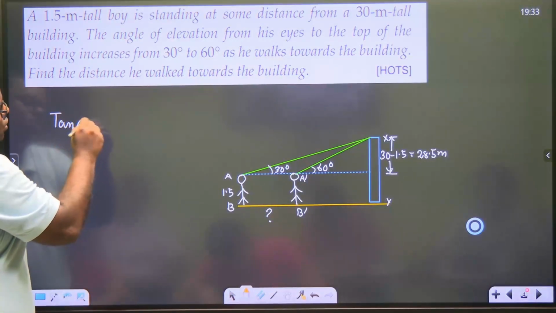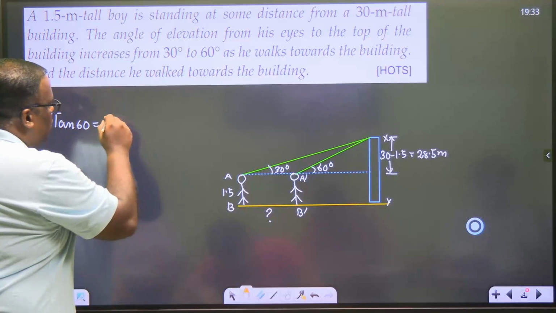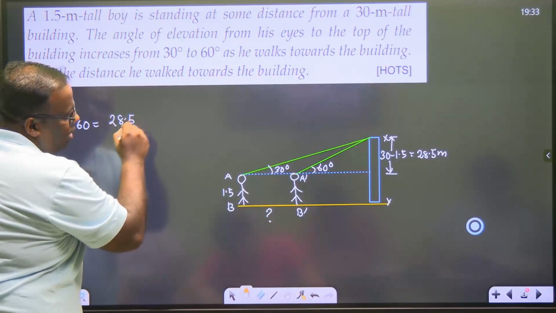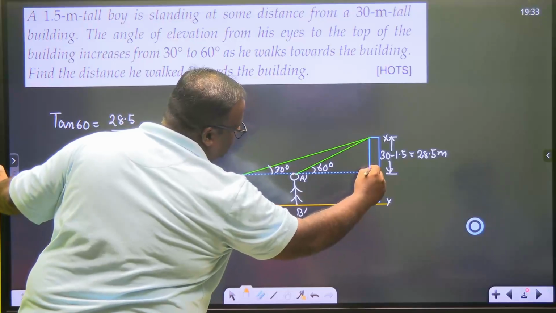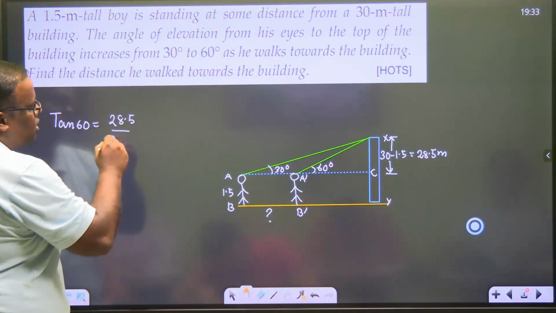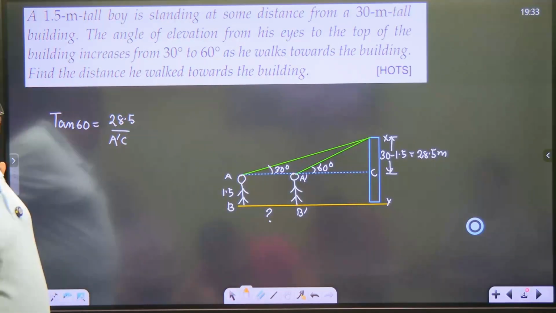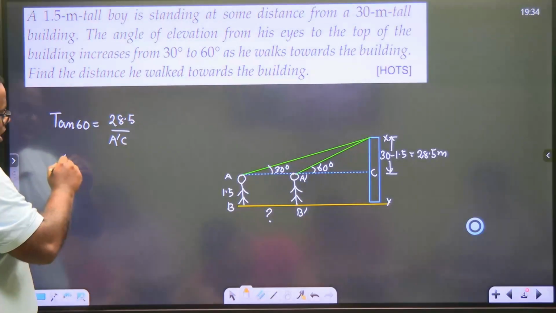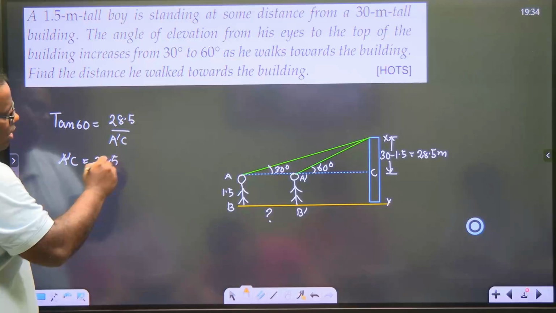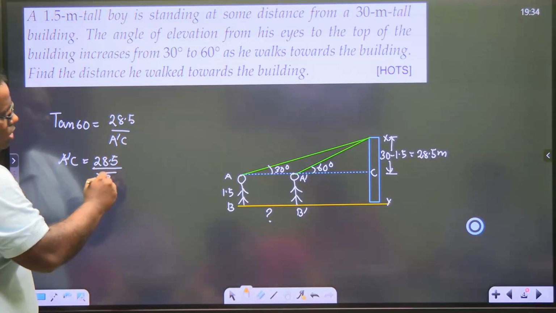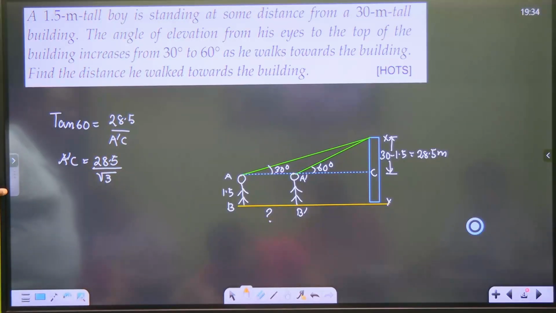Tan of 60 should be equal to 28.5 divided by, say this point is C, A dash C. Agreed? From here you will get what is A dash C. A dash C is 28.5 divided by root 3. Fine.